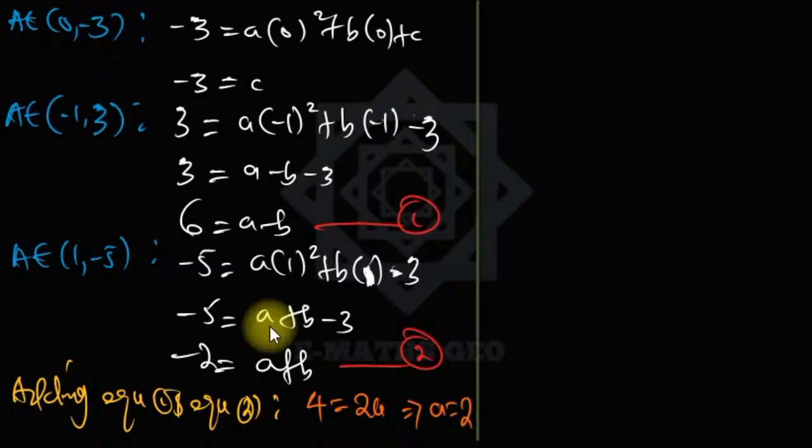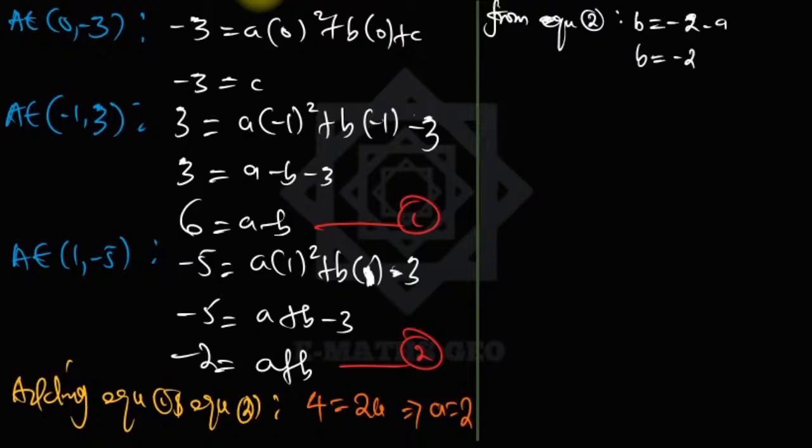Since we've gotten the value of a, we'll choose any of the equations and substitute a as 2. Let's choose equation 2; I think equation 2 is better. From equation 2, if we solve for b, b is -2 minus a, which is -2 minus 2, which is -4.